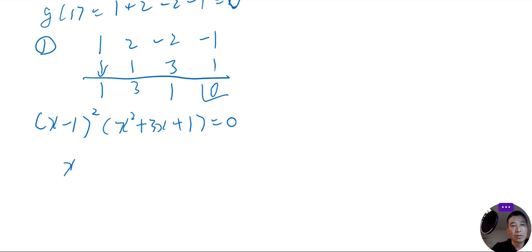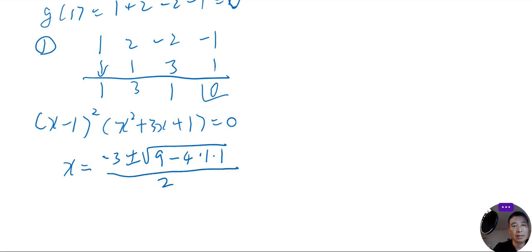So x equals what? x equals minus b plus or minus the square root of b squared, which is 9, minus 4ac, over 2a. So that is minus 3 plus or minus the square root of 9 minus 4, which is 5, over 2.